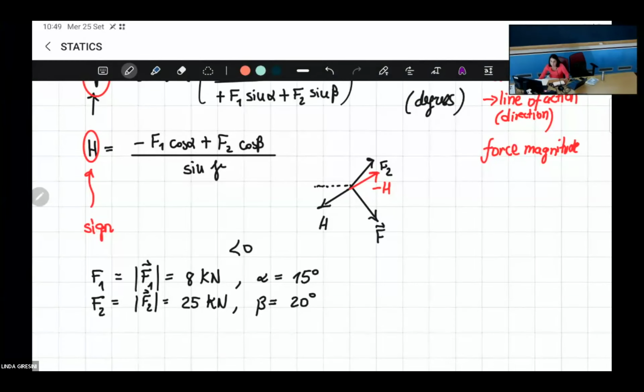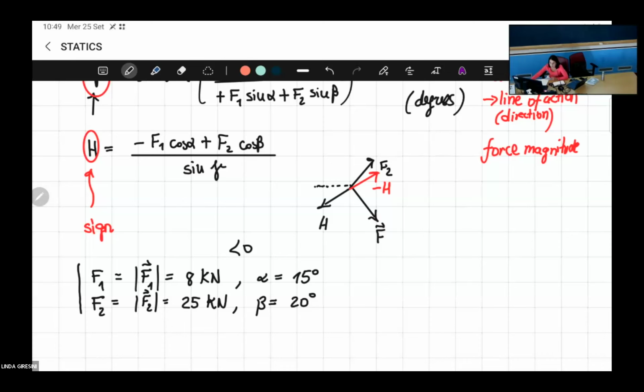So these are the numbers that can be different, of course, because once we have solved the problem in letters, every number can be used.